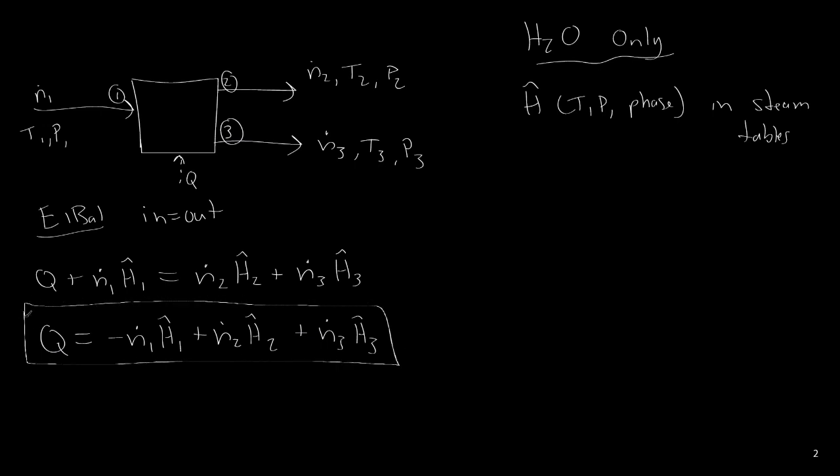And as we can see here, since we have N1, N2, and N3, there is no way that we can very easily define a delta H for the process that we could then calculate by substituting, perhaps, C sub P delta T or whatnot. So what we instead need is a way that we can look up or determine what the actual values of these three specific enthalpies are. And since we are working with water in this particular example, we can go to the steam tables.